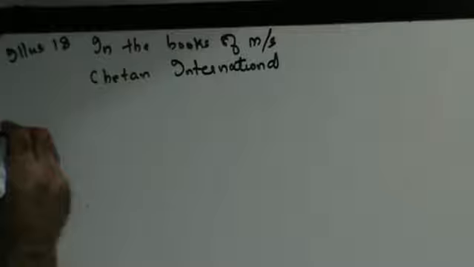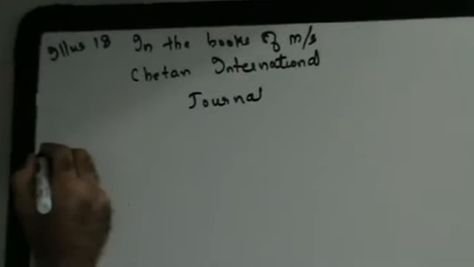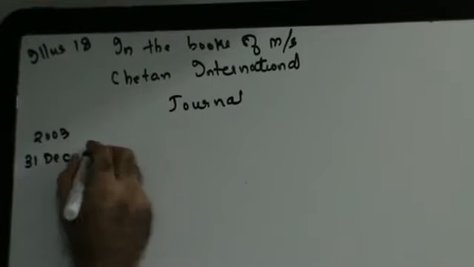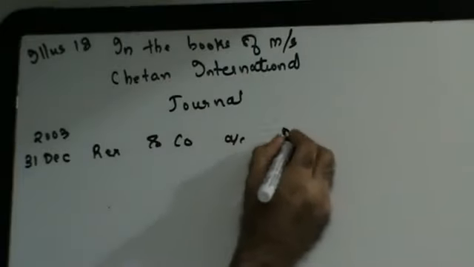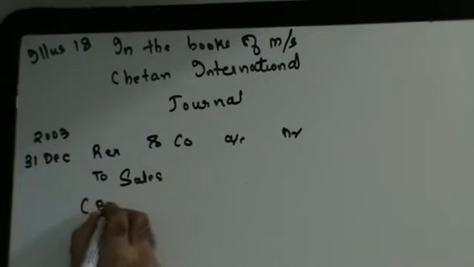They're saying that Messrs. Chetan International, an Indian exporter, sells goods to Rexon Company of New York, invoicing this on 31st December 2003. Debit the receiver, Rexon Company account debit to sales, being goods sold.